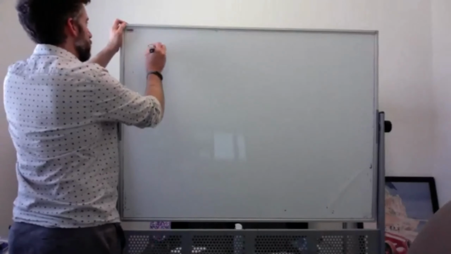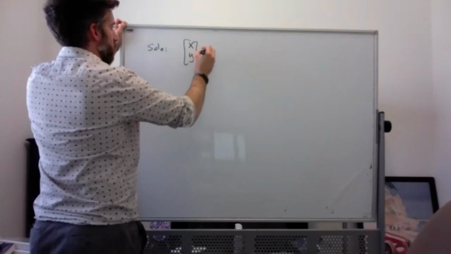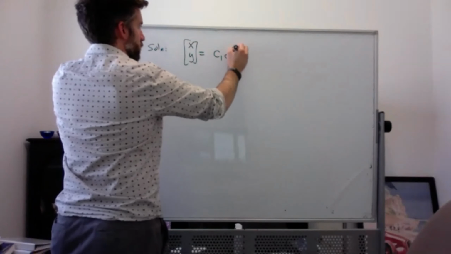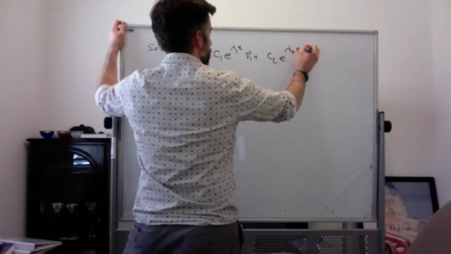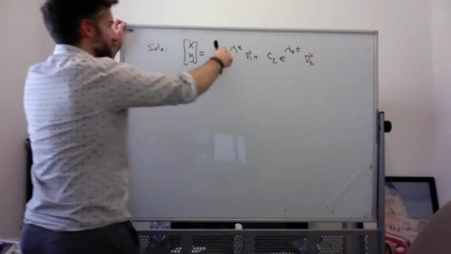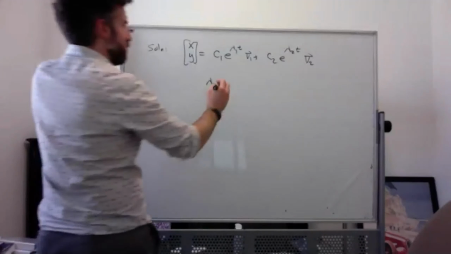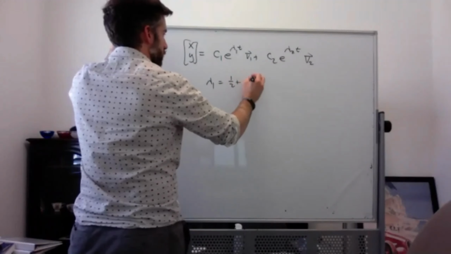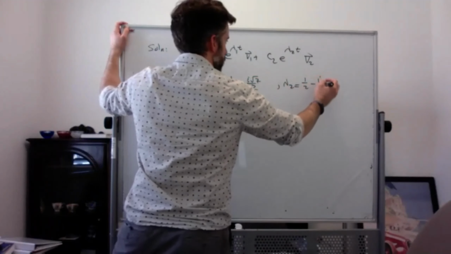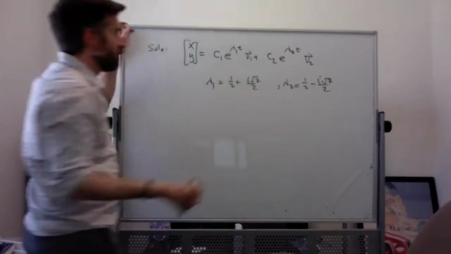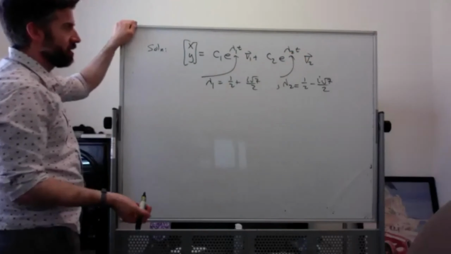So the solution would still be (x, y) equal to c1 e to the lambda 1 t v1 plus c2 e to the lambda 2 t v2, where lambda 1 is one of the eigenvalues, 1/2 plus i root 7 over 2, and lambda 2 is equal to 1/2 minus i root 7 over 2.